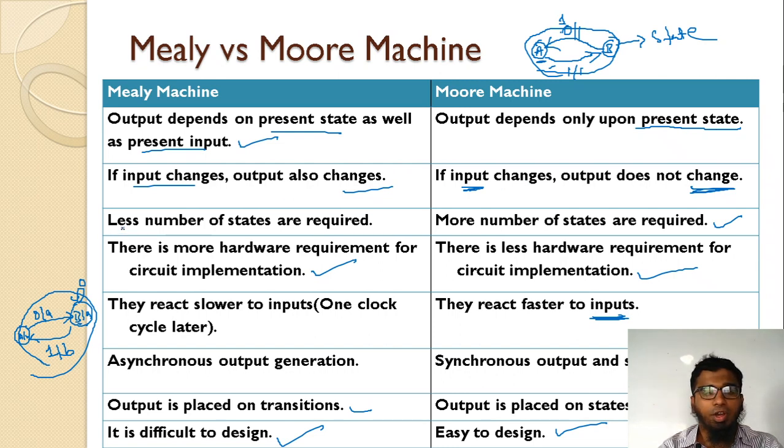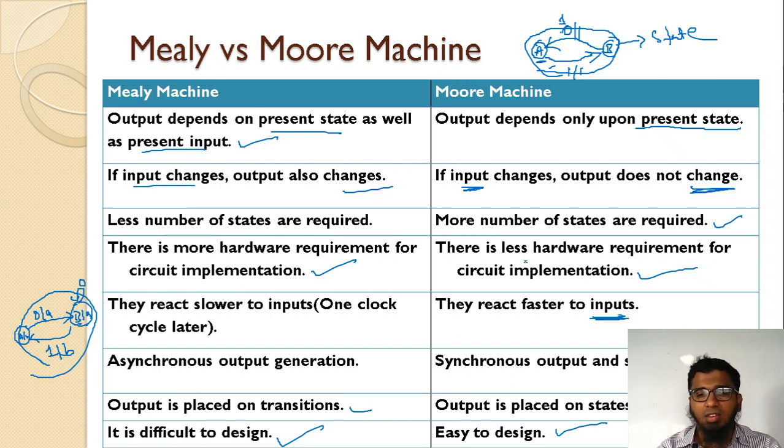Okay. Third point, Mealy requires fewer states, and here in Moore more states are required. Next, fourth point, Mealy has a higher hardware requirement for circuit implementation. Whenever we have a circuit implementation, at that time we need more hardware.